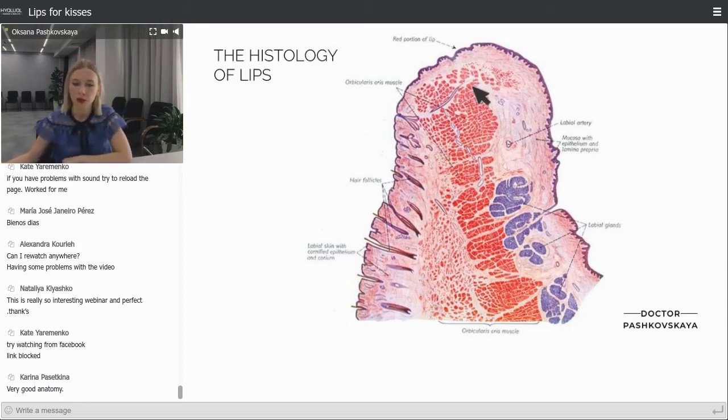So look, here we have muscle and glands, and all vessels are in the mucosa, a deep layer, or in our muscle. Only maybe some not so large vessels we see in the superficial layer. Even on these pictures they are absent.